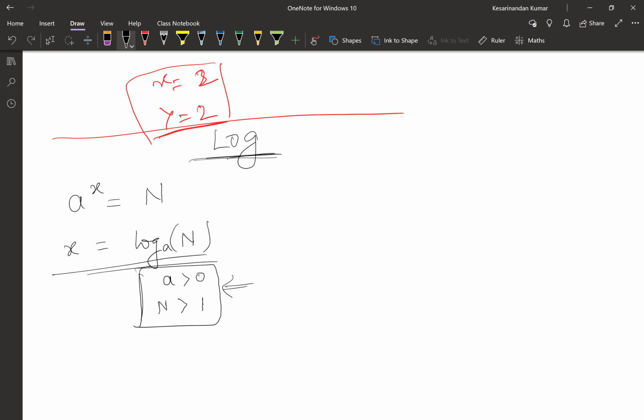Will there be change required or what I've written is correct? I'm only asking this because log you have studied in your 10th or 11th at least, irrespective of whichever board you have studied. Okay. So if nobody is answering, I will have to individually ask.